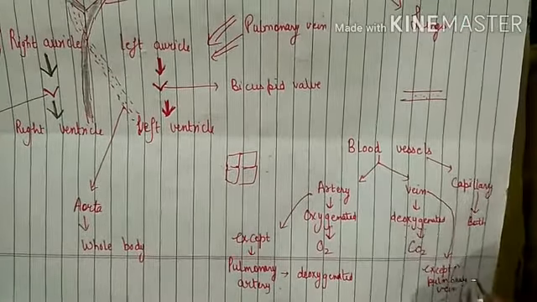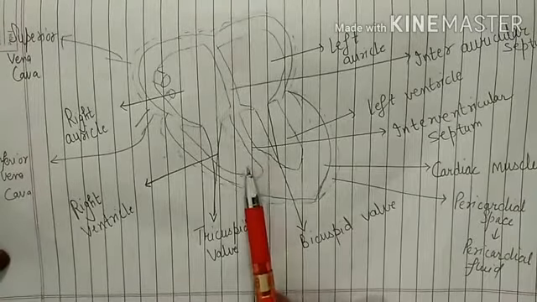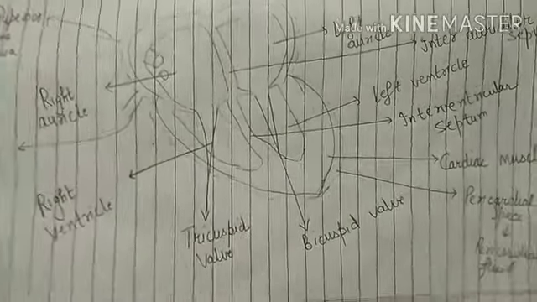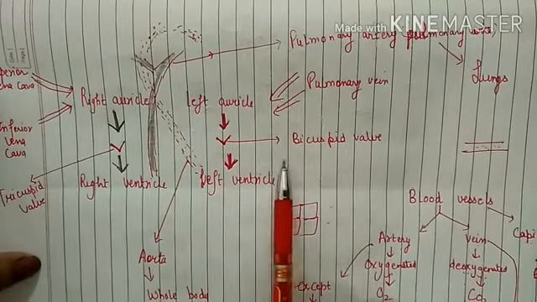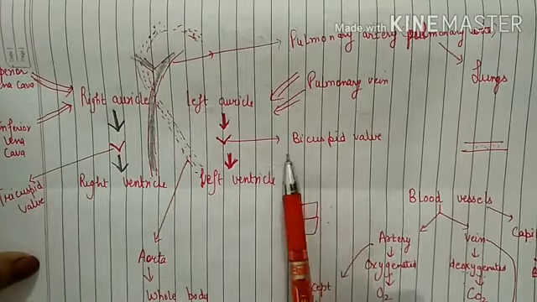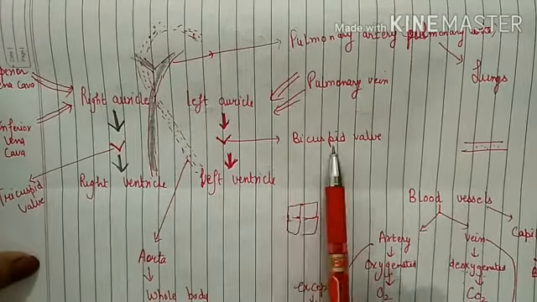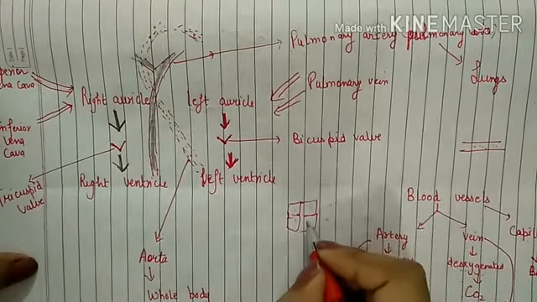Then let us study the working of the heart first of all through a simple flow chart. After that we will study the working of the heart through a diagram. So before studying it through the diagram, let us try to understand the working of the human heart through the flow chart. You know that a human, being a mammal, has a four chambered heart, meaning four chambers are present. 1, 2, 3 and 4.